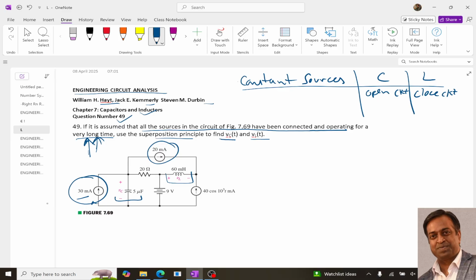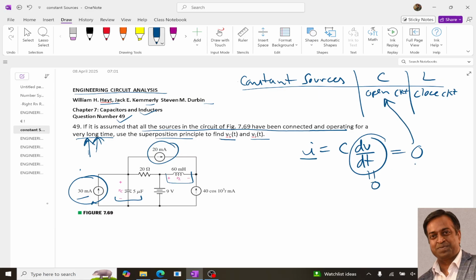Because for the capacitor, the current is i = C dv/dt. If the sources are constant, then the voltage across the capacitor will be constant, so dv/dt will be 0, and it means the current will be 0. If the current is 0, the capacitor can be replaced with an open circuit.